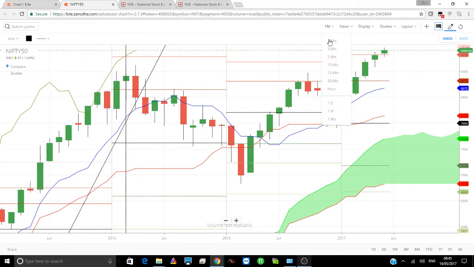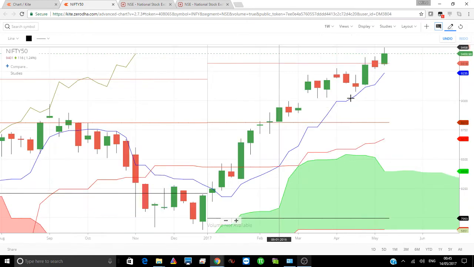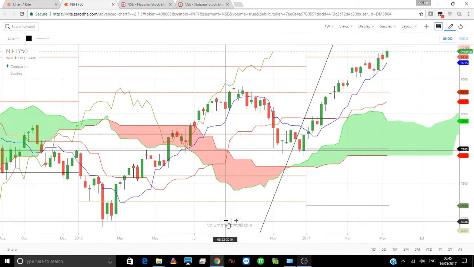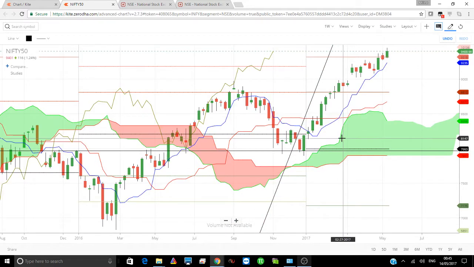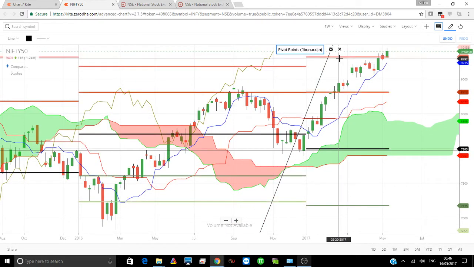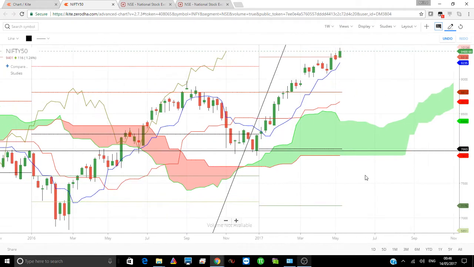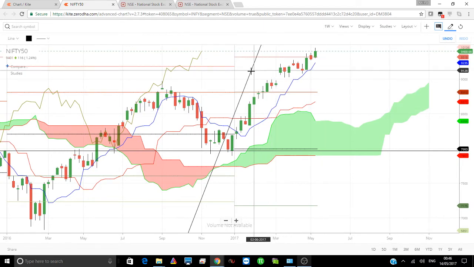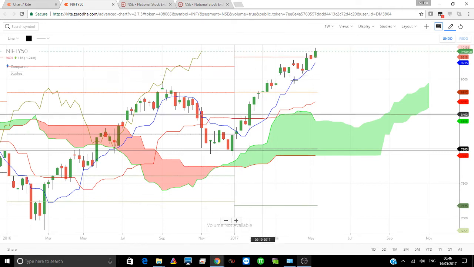Let's go to the weeklies. Weekly, again, weekly it's near the S2 support line. The cloud, future cloud is green, rising up, which is again very nice. This is not the right time to buy Nifty.